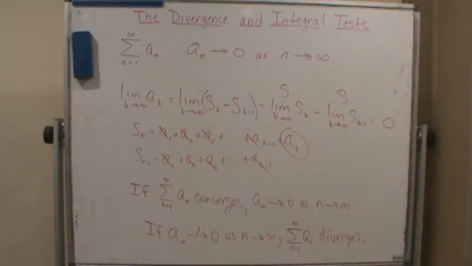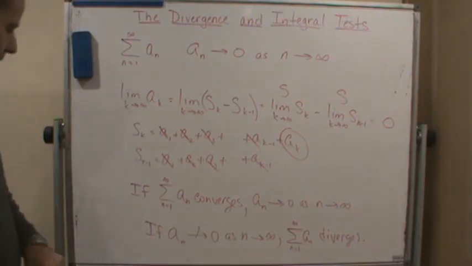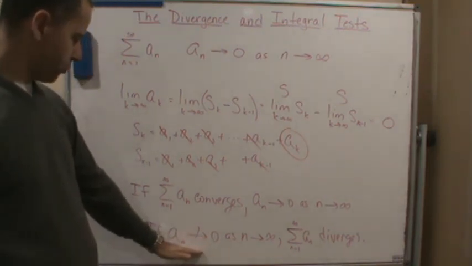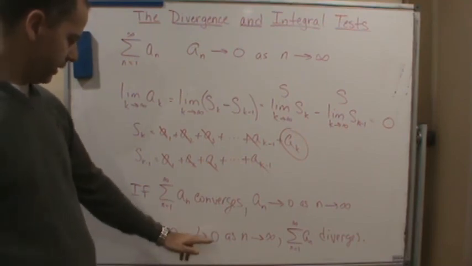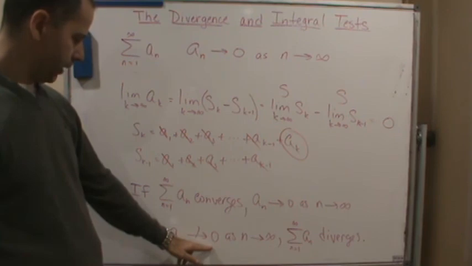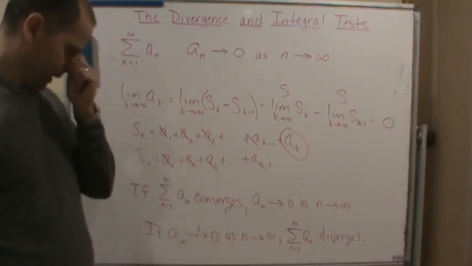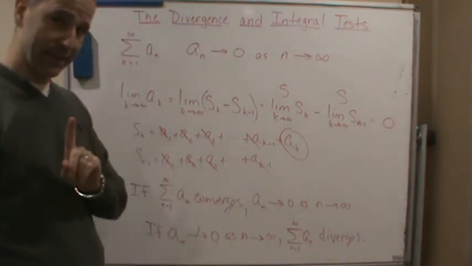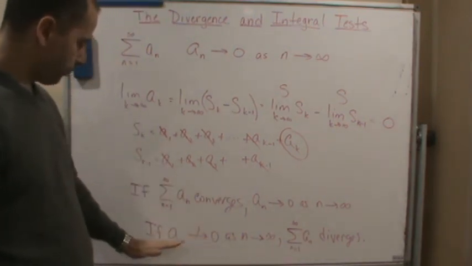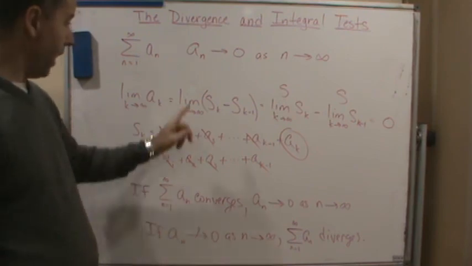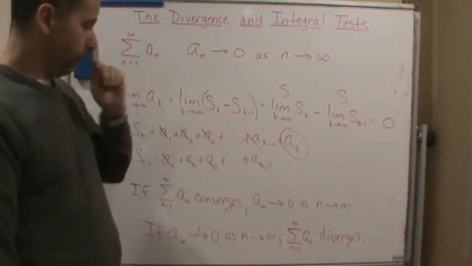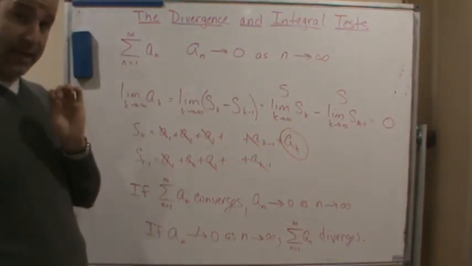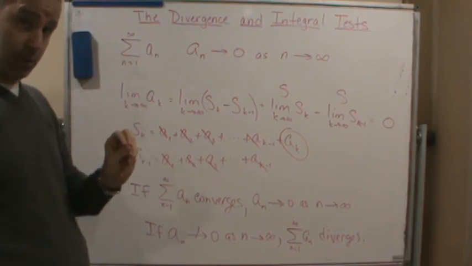Now, be careful, because if this is not true, let's say it does go to 0. Let's say we show that a sub n does go to 0 as n goes to infinity. Well, that doesn't prove that it converges, so that's too strong. This is a necessary condition: if the series is convergent, then this must be true. But it's not a sufficient condition.